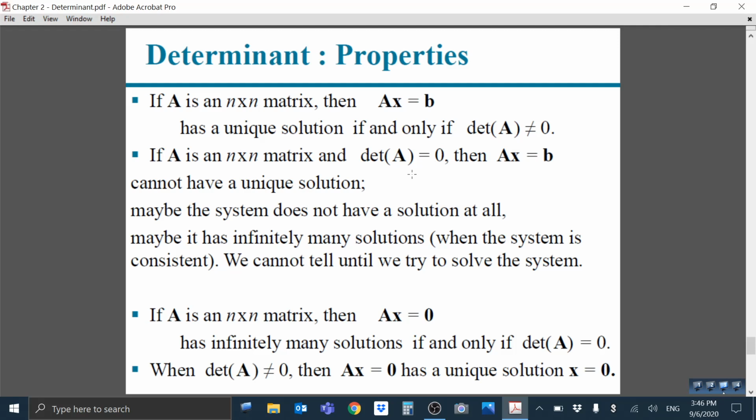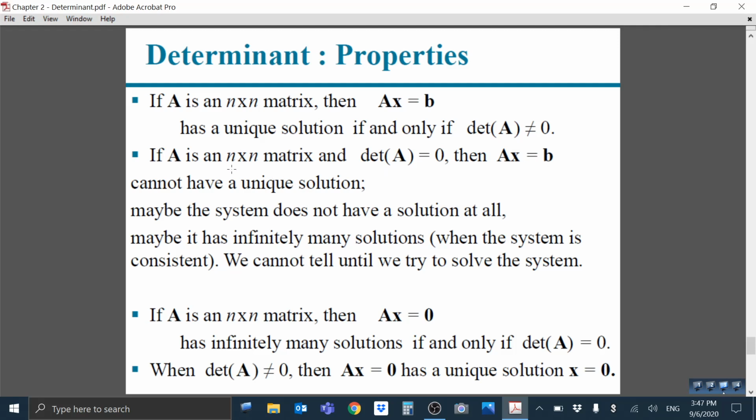Important remark: when I have a square matrix, n by n, and if the determinant of that matrix is 0, which means the matrix is not invertible, then the system Ax equal b does not have a unique solution. That's for sure. What are the options? Remember, any system Ax equal b has either no solution, or exactly one, or infinitely many.